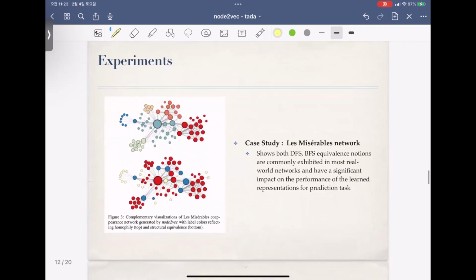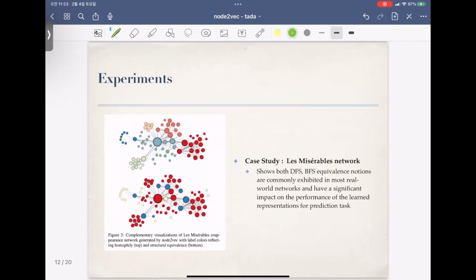So the paper has gone through several experiments. The first one is the Les Miserables network. If you look at the diagram over here, on the top part, the P and Q values are adjusted so that the network would learn local neighbor BFS or local characteristics first. So if you look at over here, the nodes are clustered so that the neighborhoods are in close proximity to each other.